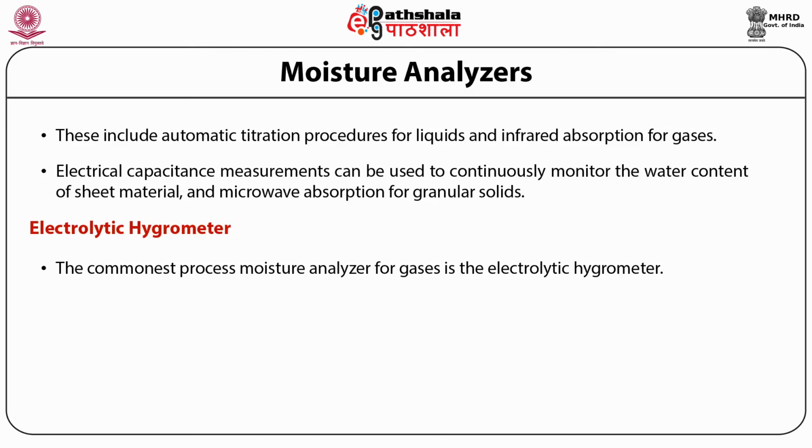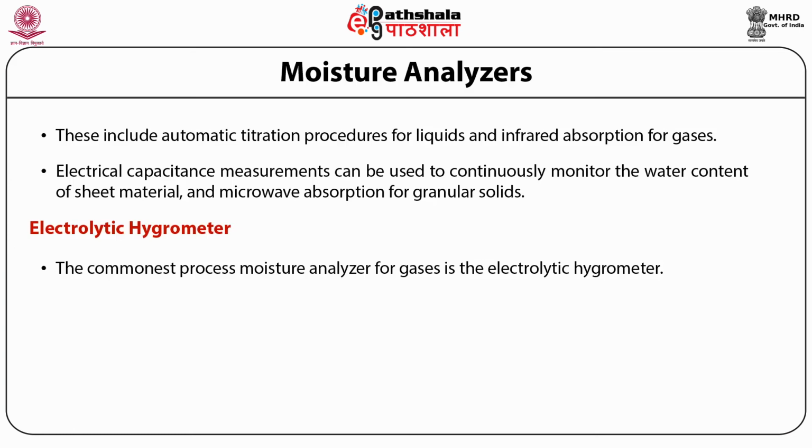At a constant sample flow rate, and with all the water removed from the sample stream, the electrolysis current is a direct measure of the water content of the sample gas. The instrument can therefore be calibrated directly by application of Faraday's law.